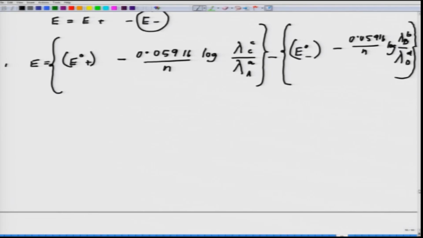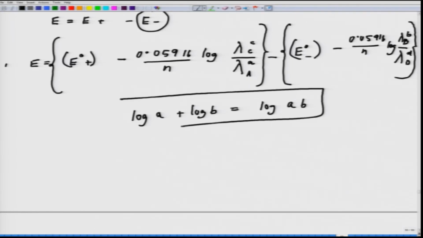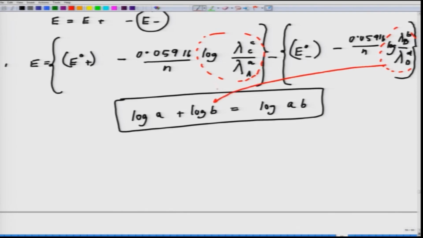Now, we know that log A plus log B is equal to log AB. This relation we are aware of. If we know this relation, so essentially this term and this term are basically very similar to this. So, we can really multiply these two terms.